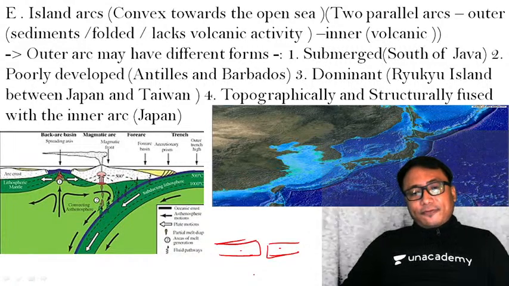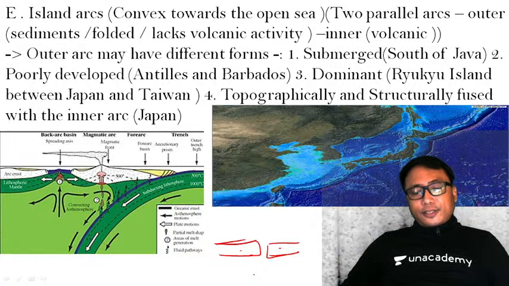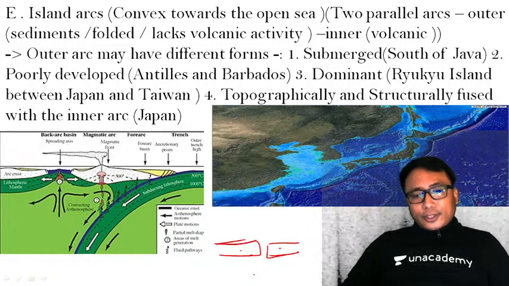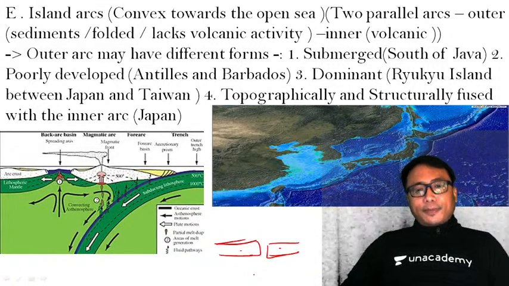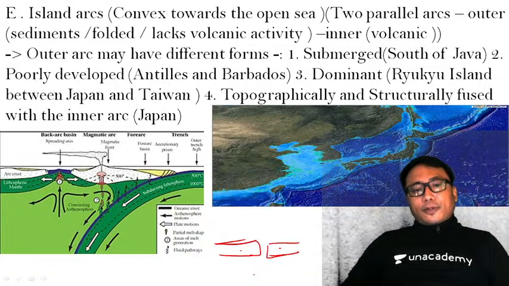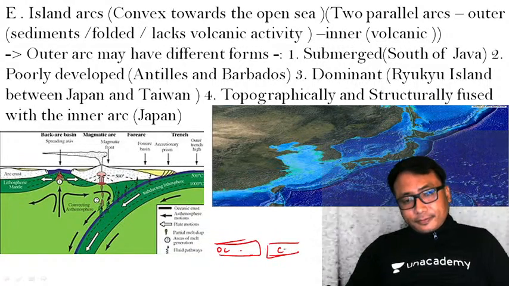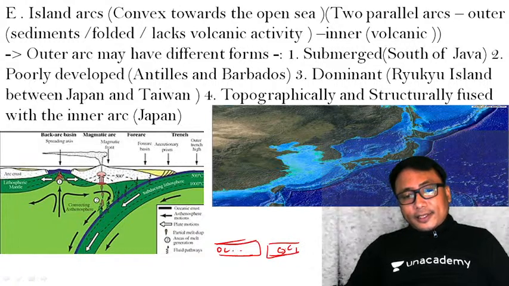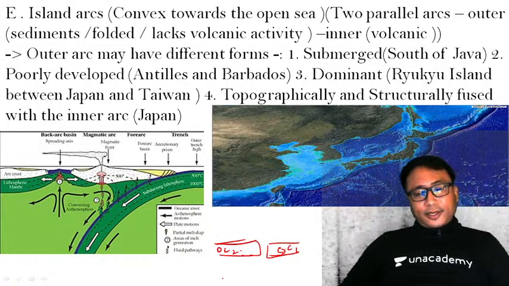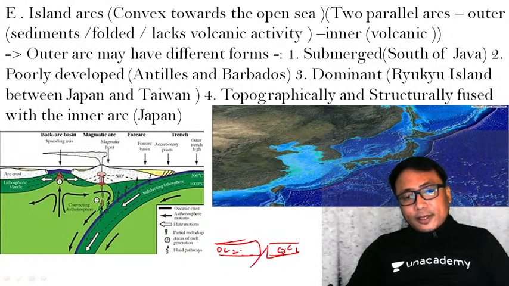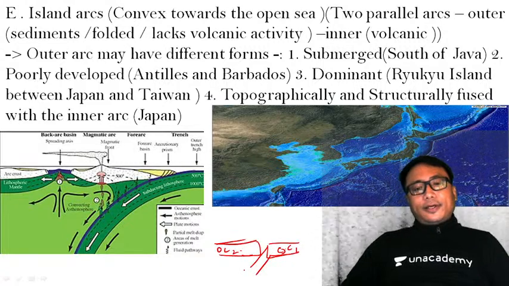If one is continental crust and one is oceanic crust, it is very clear that the oceanic crust is heavier, so it will subduct below the continental crust. But whenever both are continental crust, even then one will be a little heavier than the other, so the heavier one will subduct below the lighter one.